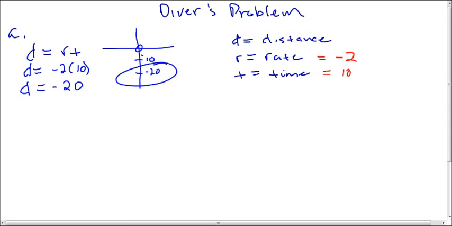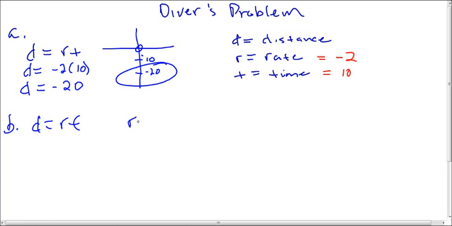Well, let's try to find the diver's position after 30 seconds. So same thing. We use D is equal to rate times time. So we know that D is what we're looking for.